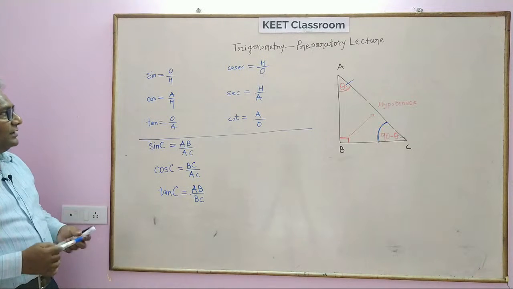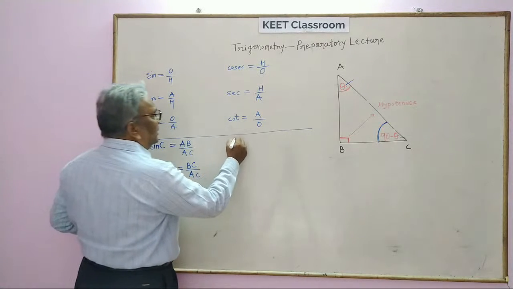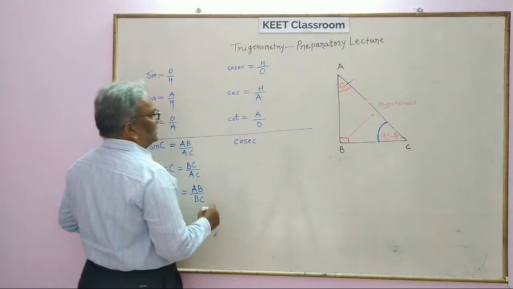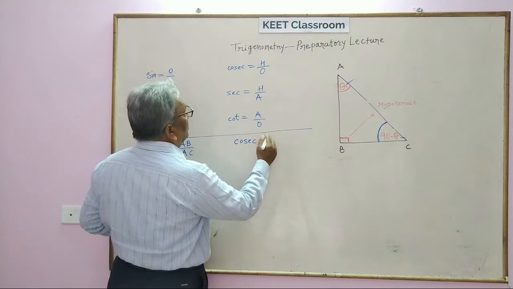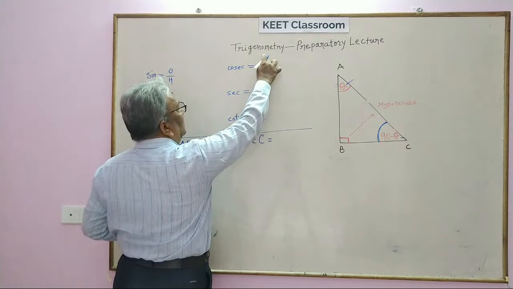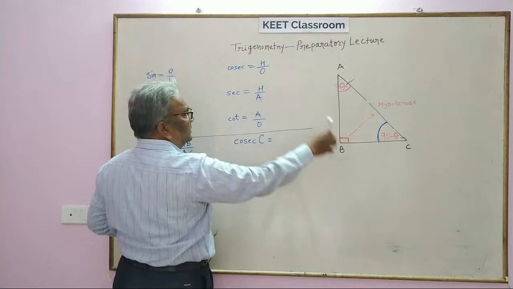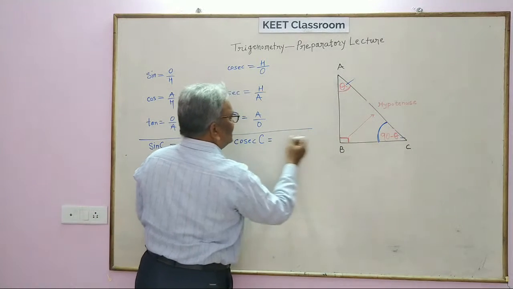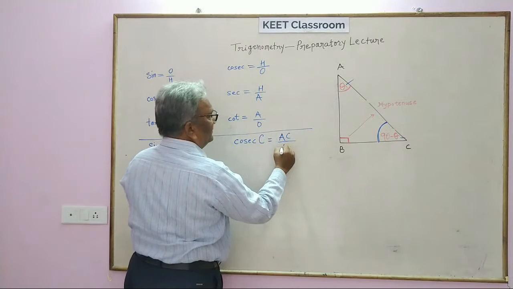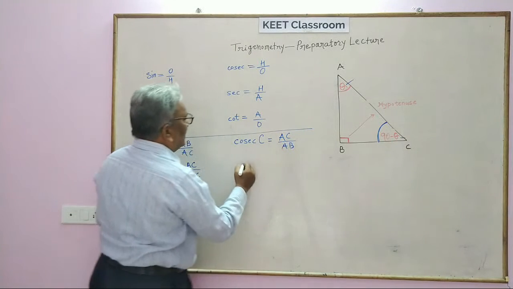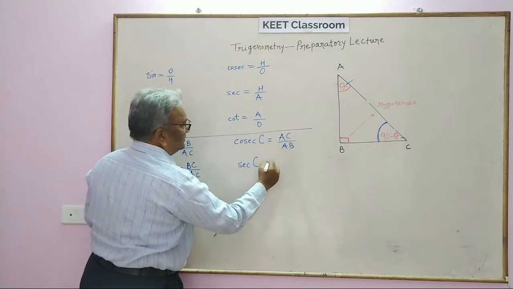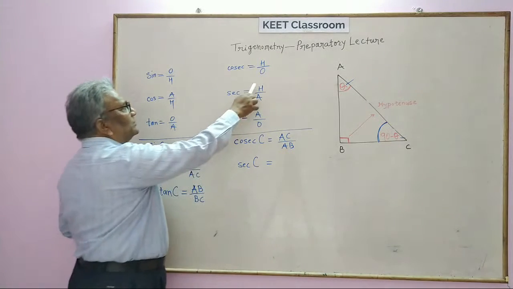In the same way, go for the other 3 ratios. Cosec C is equal to hypotenuse upon opposite. So for C, hypotenuse is AC and opposite is AB. For sec C, it is hypotenuse upon adjacent.